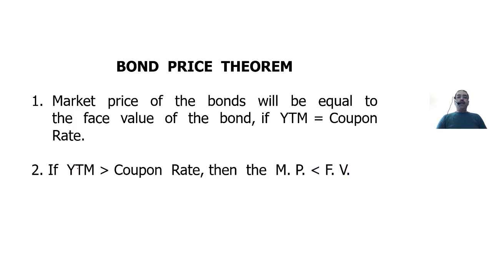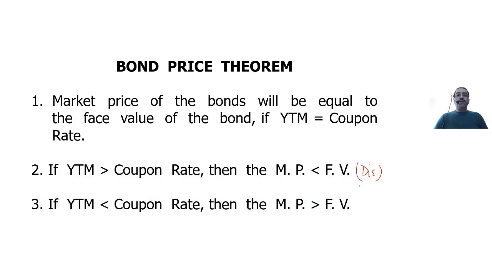If YTM is greater than coupon rate, then market price is less than the face value. That means you are issuing at discount. And third point, if YTM is less than coupon rate, then the market price is greater than the face value.